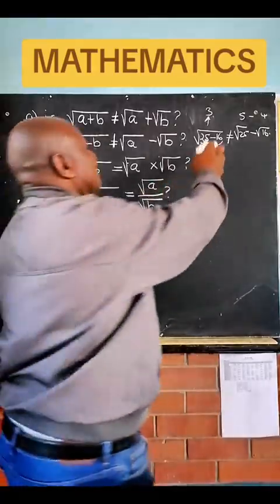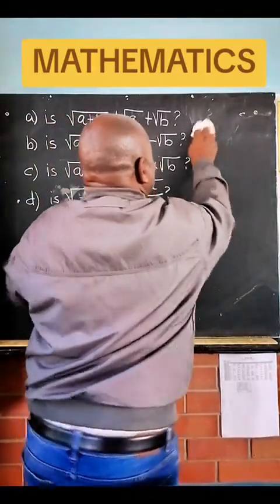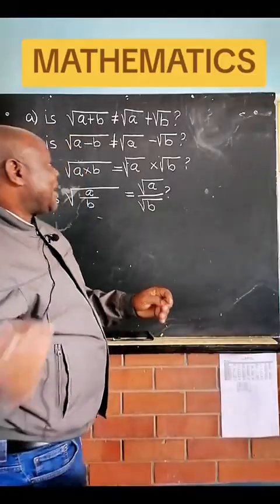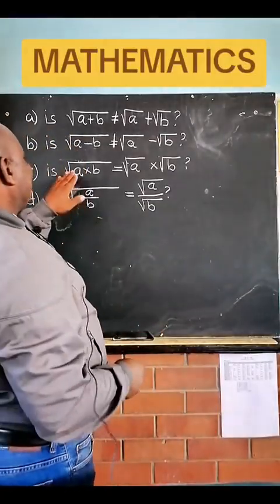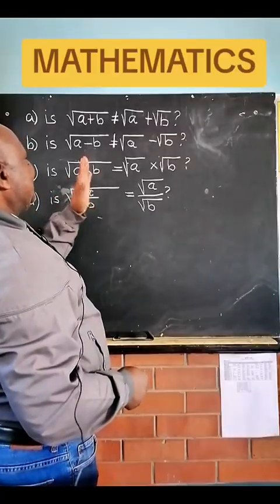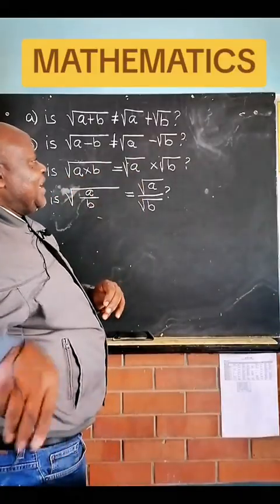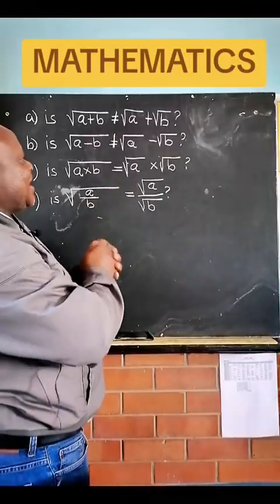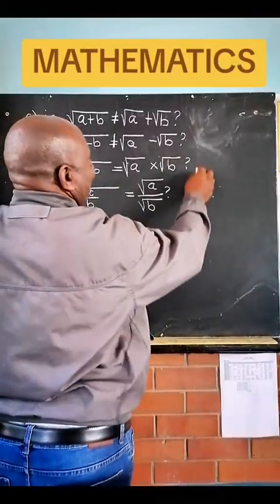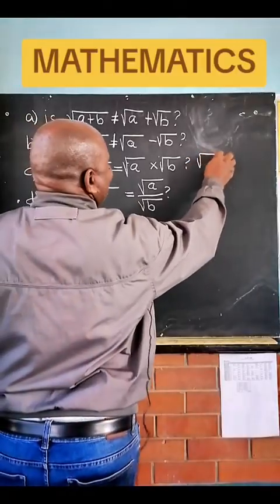Now, let us proceed to the product of two numbers. What about the square root of a times b? Can I split it in this manner and get the same result? This time, I'm going to choose different numbers altogether.